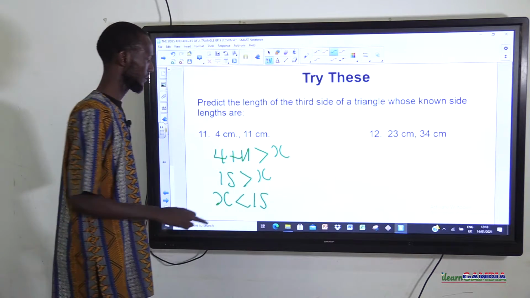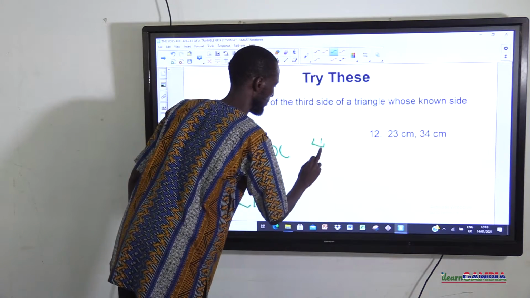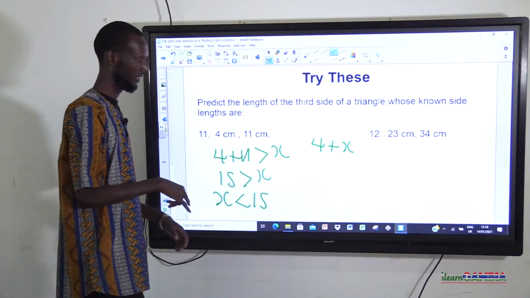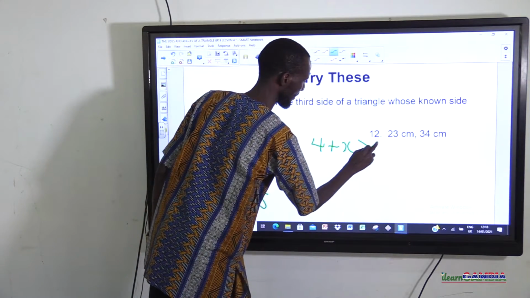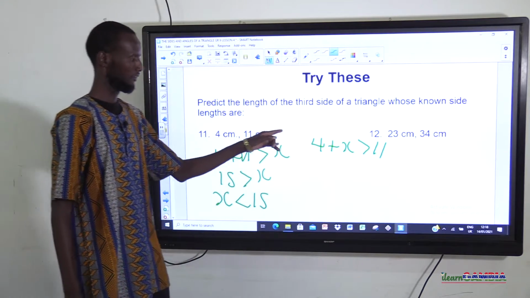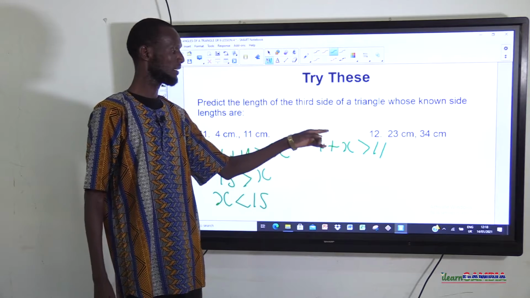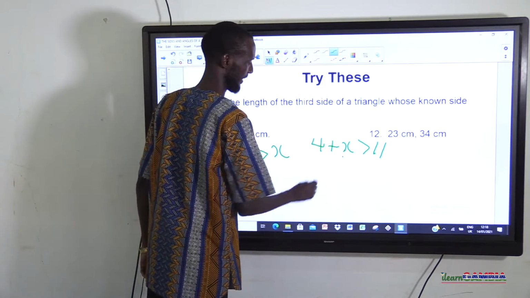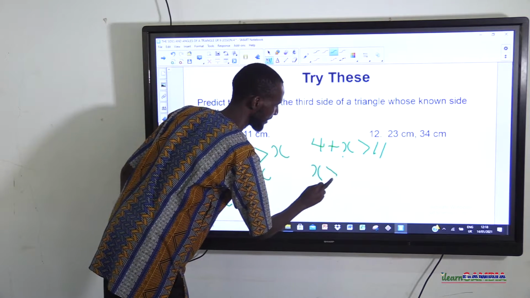Then now, take the first side, 4, plus the third side, which we have used x to represent, still has to be greater than 11. And for you to put a number here and get a sum greater than 11, it means your x here has to be greater than 7.